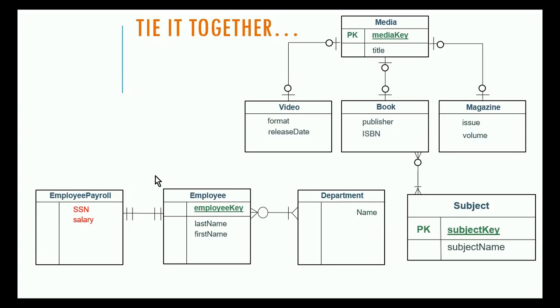In a good entity relationship diagram, you would of course have all of your primary keys identified. Since it's a logical ER diagram, you don't necessarily need to start thinking about the foreign keys yet. We're going to cover that in the physical design, and you also wouldn't have to worry about data types and things like that. So we'll talk about that stuff later on. So that's how we do a logical design using entity relationship diagrams.